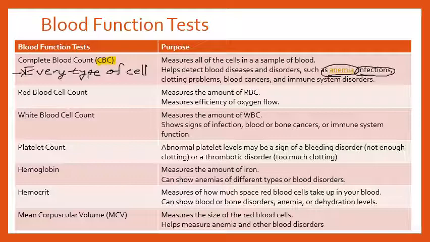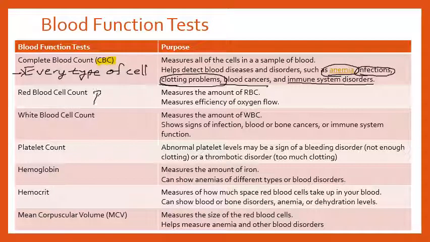Maybe their blood is clotting too well or not enough, and that's related to their platelets. Maybe there are cancerous cells moving through their blood. Maybe the white blood cells are too high or too low, telling you about infections or immune system diseases. So looking for every type of cell can really give you a hint as to some major things that could be happening inside of the body.